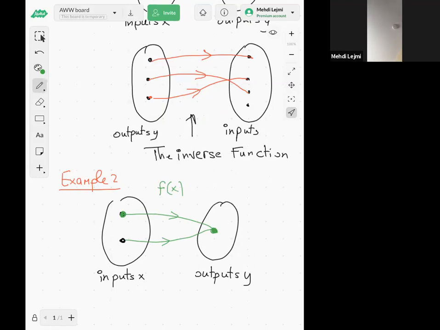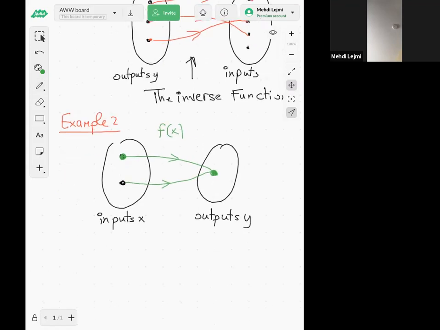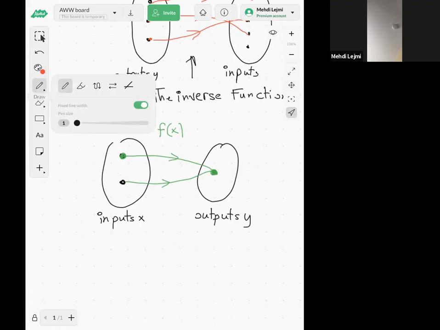Now, if you reverse the arrows, when I say reverse the arrows, it means in some sense interchange X and Y. So if you reverse the arrows, here I'm going to go from this point to this one. That's my first arrow, and I'm going to reverse the second one here.